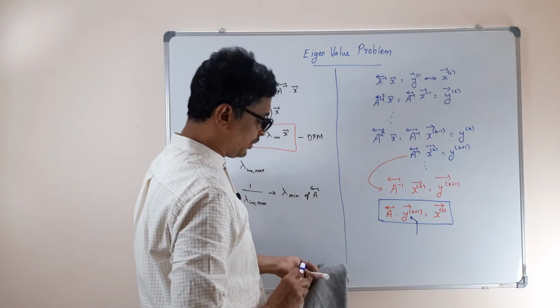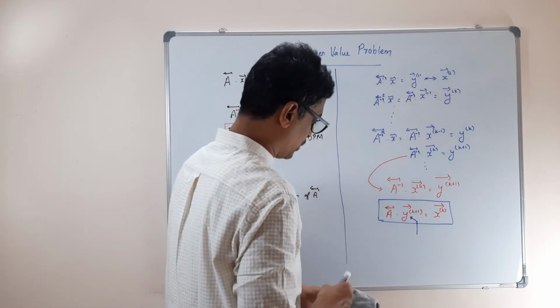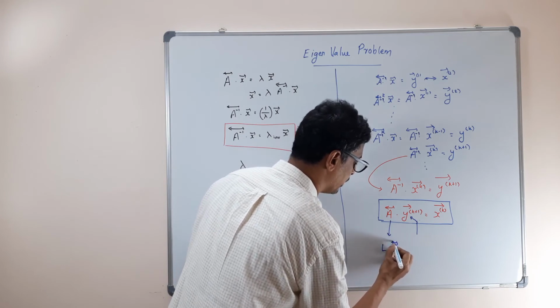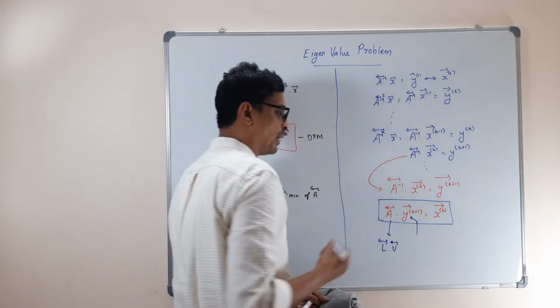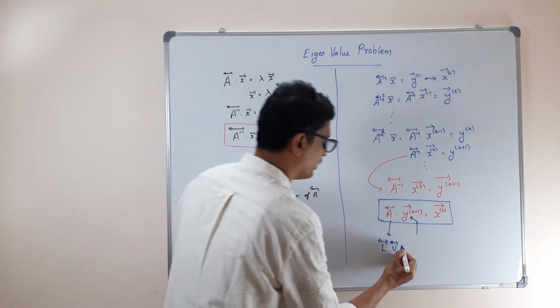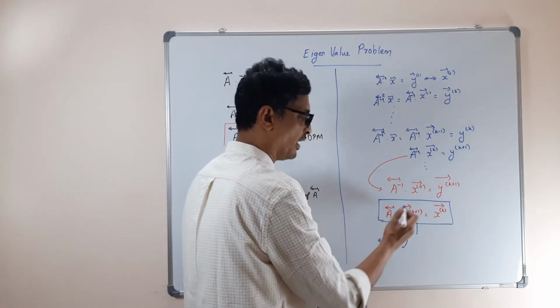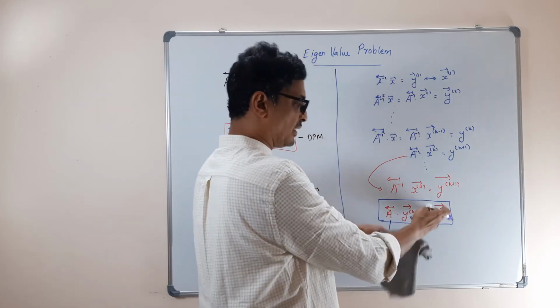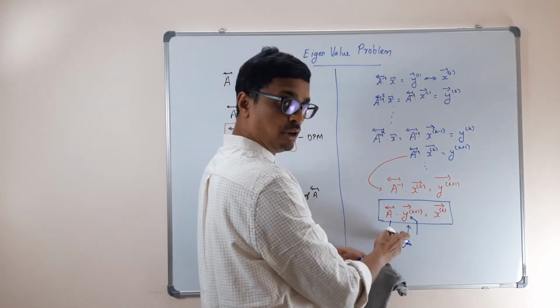One way to solve this is to decompose A into L dot U, that is LU decomposition, and then use forward substitution and back substitution, which gives us y. From y we scale back, get x, and keep doing it.